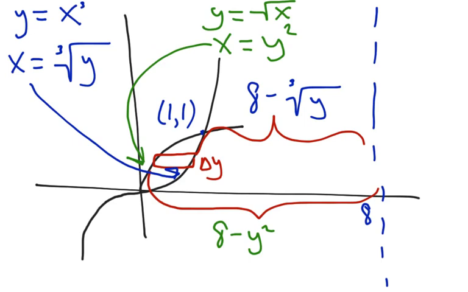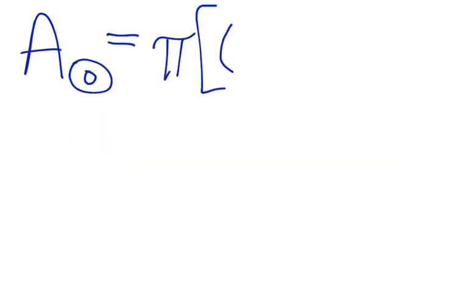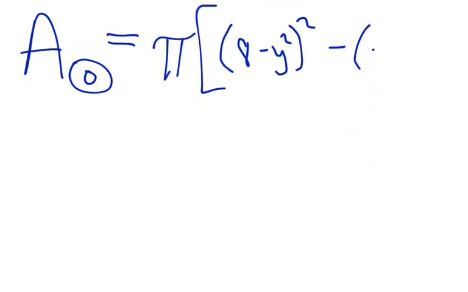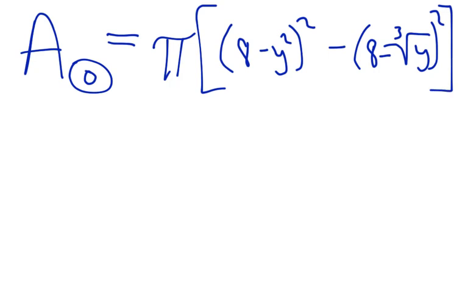And as we said before, our outer radius is going to be 8 minus y squared, and so we'll have 8 minus y squared quantity squared minus the inner radius, which was 8 minus the cube root of y, so we'll have 8 minus cube root of y quantity squared, and then close off that bracket. Now we have the area of the cross section.